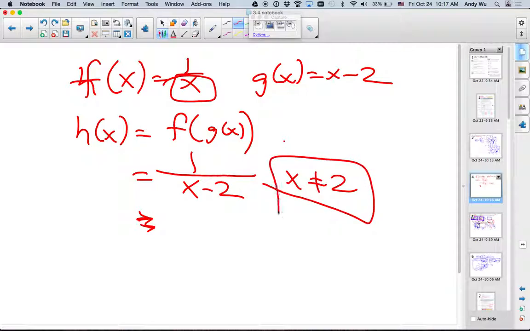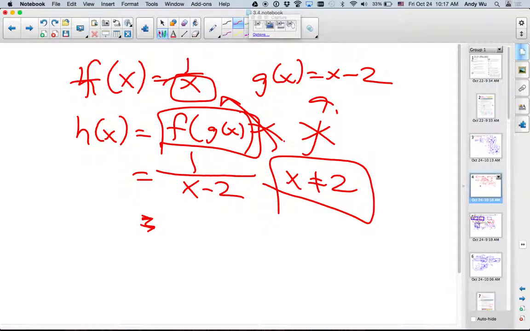This domain doesn't apply to either of these; it only applies to h. If you think about this composite function, it's what comes out of g that we throw into h.